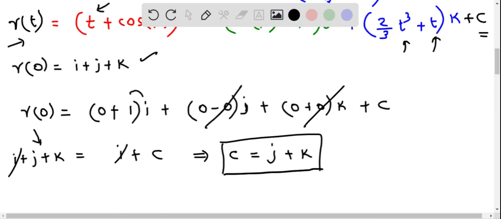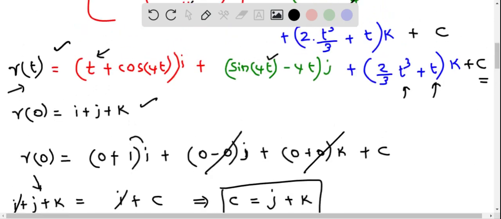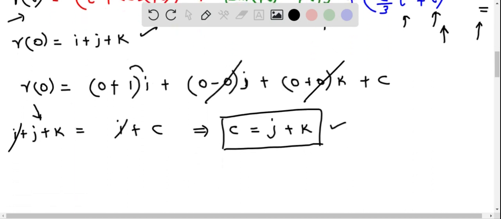And so we can now rewrite the complete position vector r of t. Since we have determined c as j plus k, when we add it over here, we just have to add 1 for the j component as well as 1 for the k component, since we don't have an i component in the integration constant c. So let me do that.